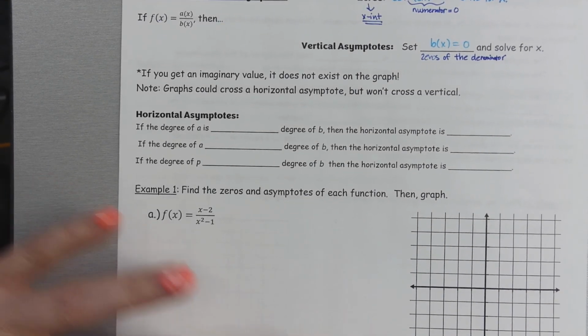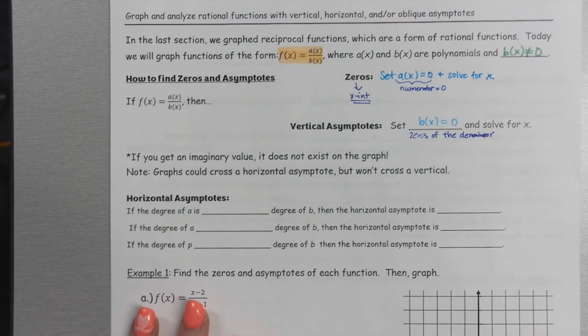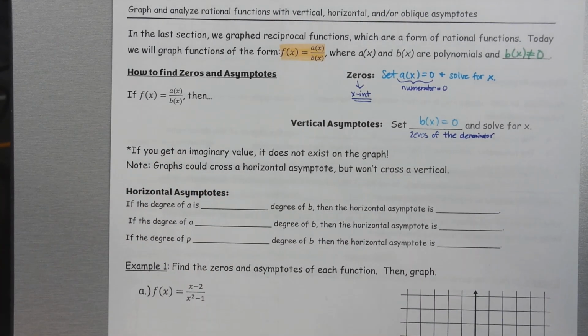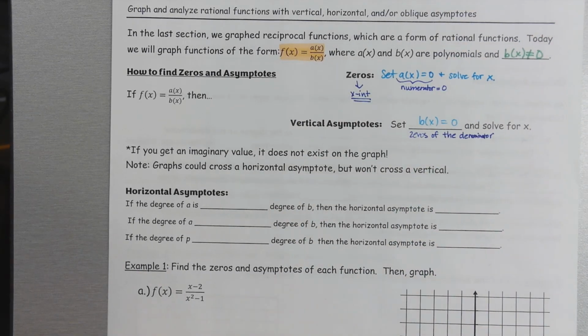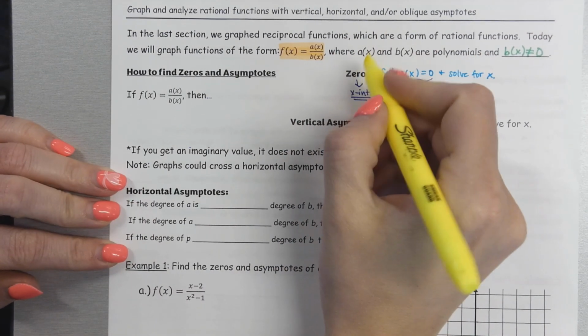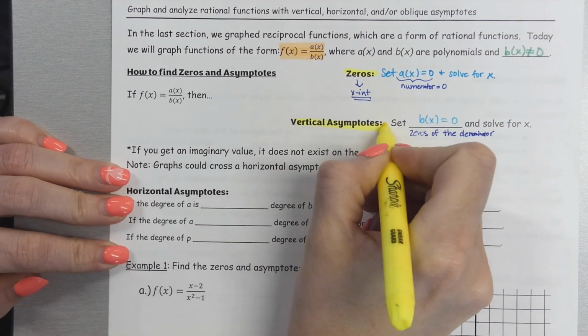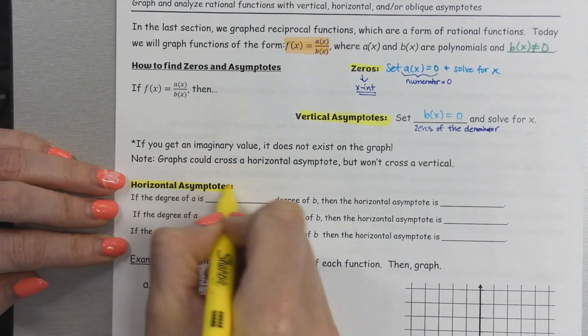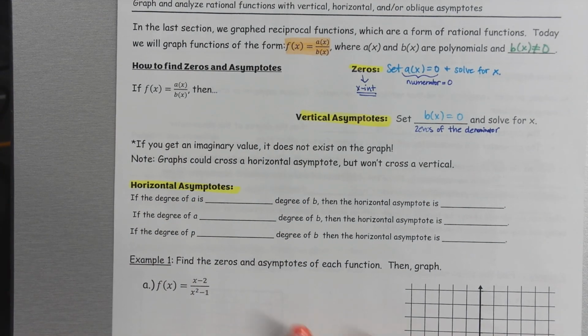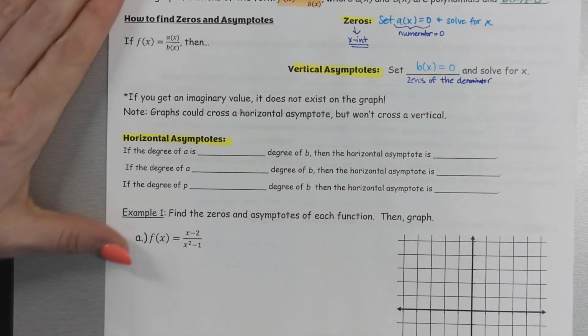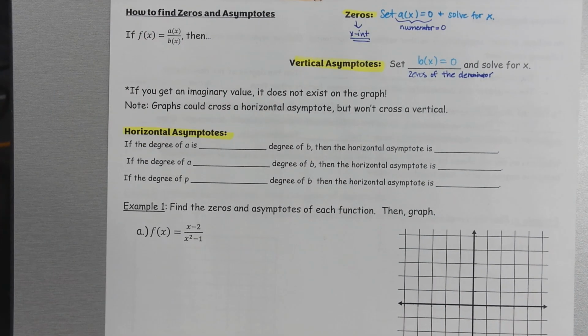The horizontal asymptotes follow a few rules. When you're working on this on your own, there are 3 different things here: you have zeros, you have vertical asymptotes, and then you have the horizontal. Each one of those is going to be a little bit different. With the horizontal asymptote, it's all about the degrees.